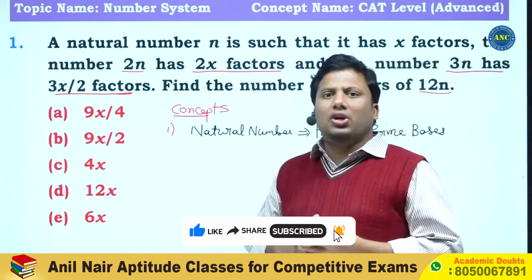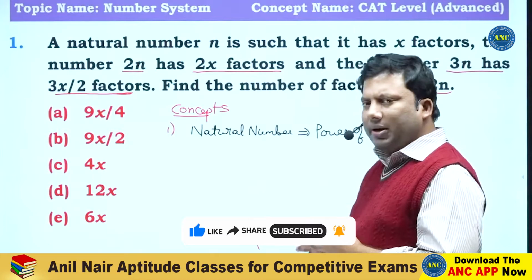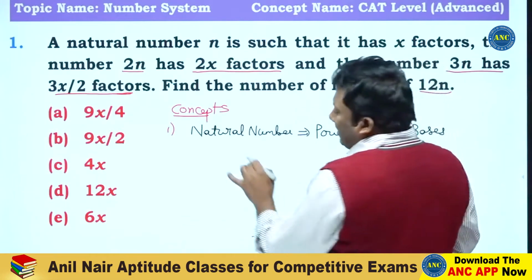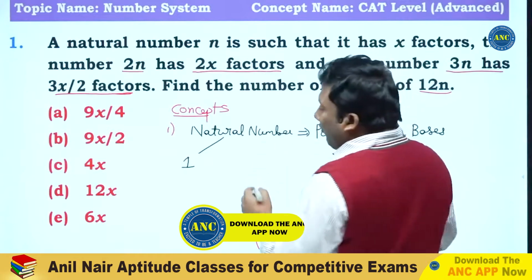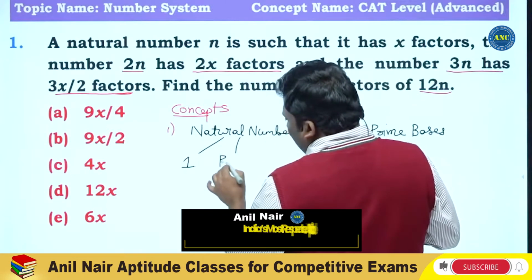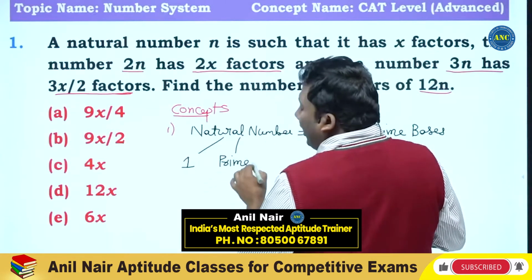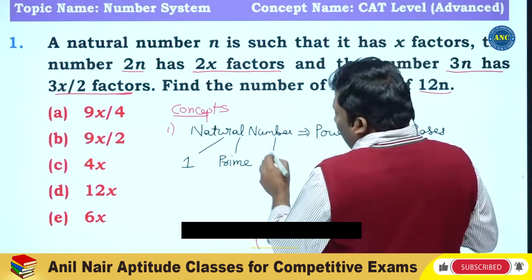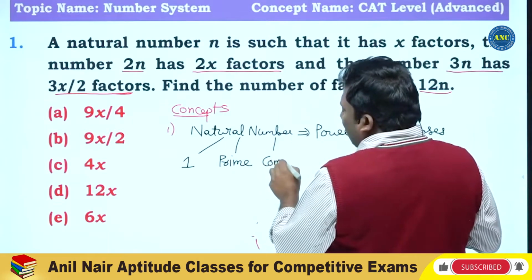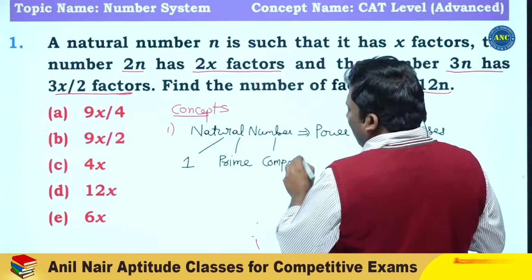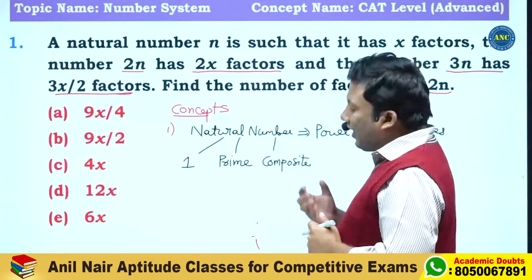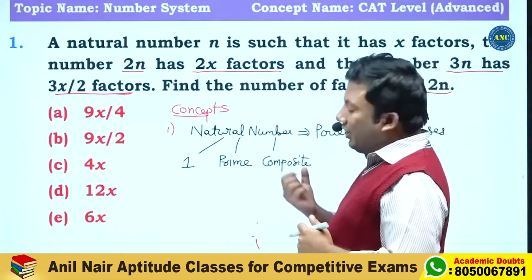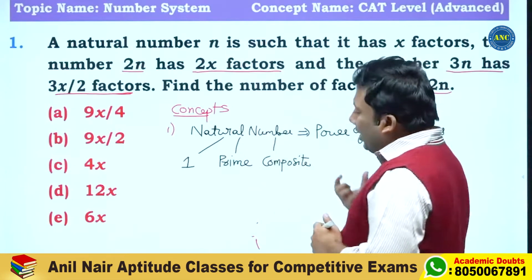You take any natural number that comes into your mind. Whenever I say a natural number, it could be 1, which has got only 1 factor. It could be a prime number, which has got only 2 factors. And the number which has got greater than 2 factors. Based on the number of factors, there are 3 kinds of numbers: 1, prime and composite.